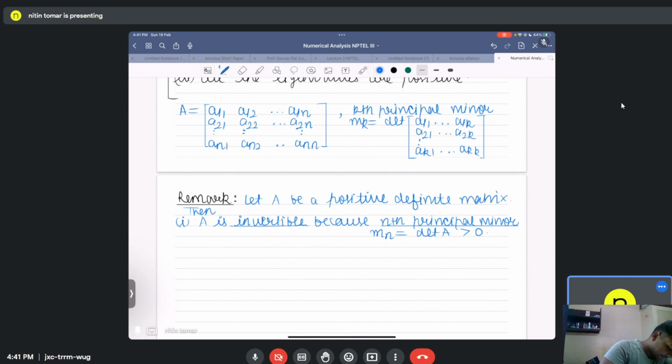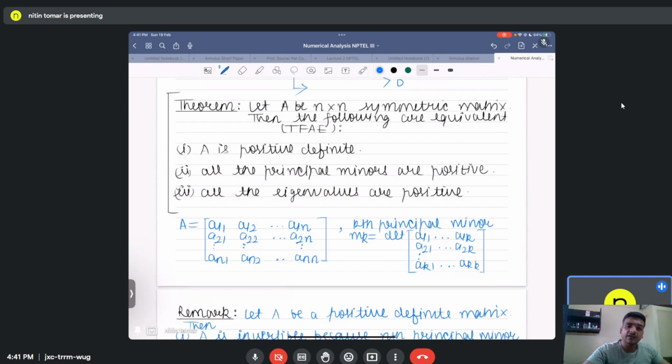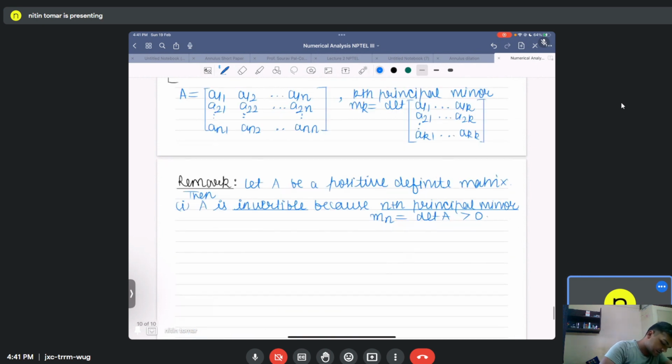Or you can also see from this theorem, if all the eigenvalues are positive, then the determinant, being the product of the eigenvalues, is positive. So that also you can see.